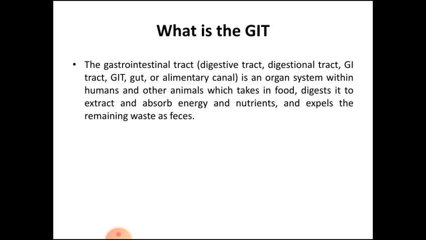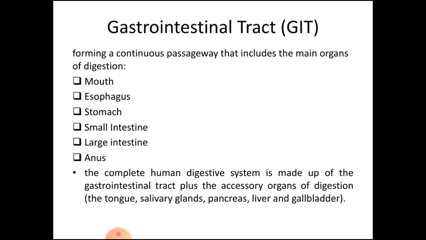Its function is to take in food to digest, to extract and absorb it for the body, so as to use it as energy and to support nutrition. The remainder of this process after food digestion and absorption is expelled in the form of feces or stool.